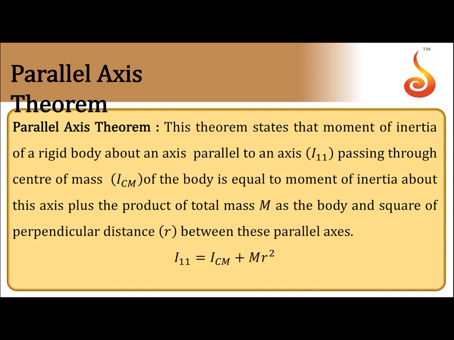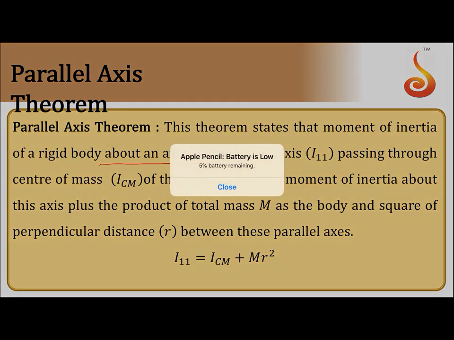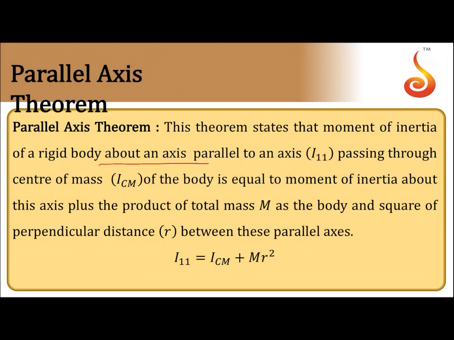Next one is the parallel axis theorem. According to this, the moment of inertia of a rigid body about an axis parallel to an axis passing through the center of mass, ICM, of the body is equal to the moment of inertia about this axis plus the product of the total mass m of the body and the square of the perpendicular distance between the parallel axes. Suppose this is a body, it can be any rigid body, no conditions for this. Let us say this is the center of mass of the object.